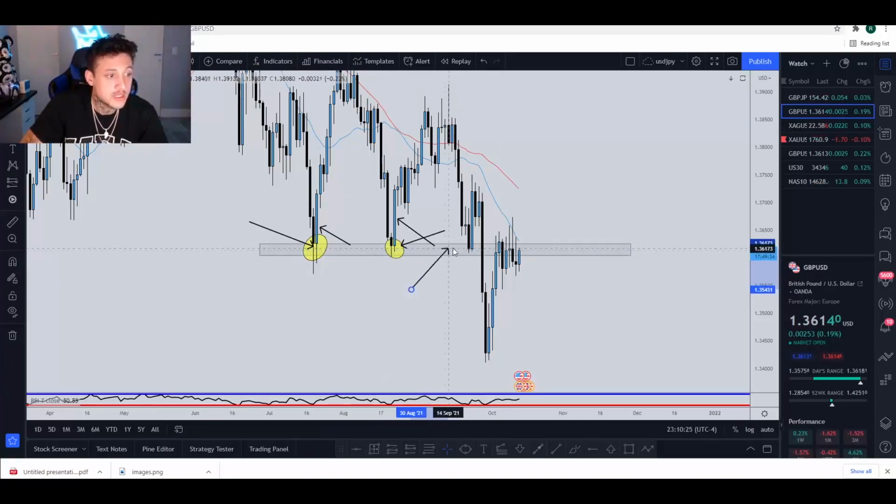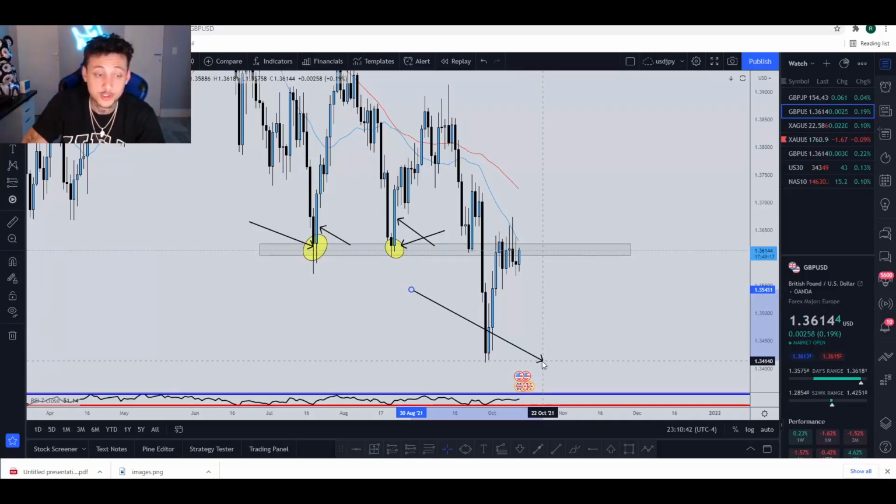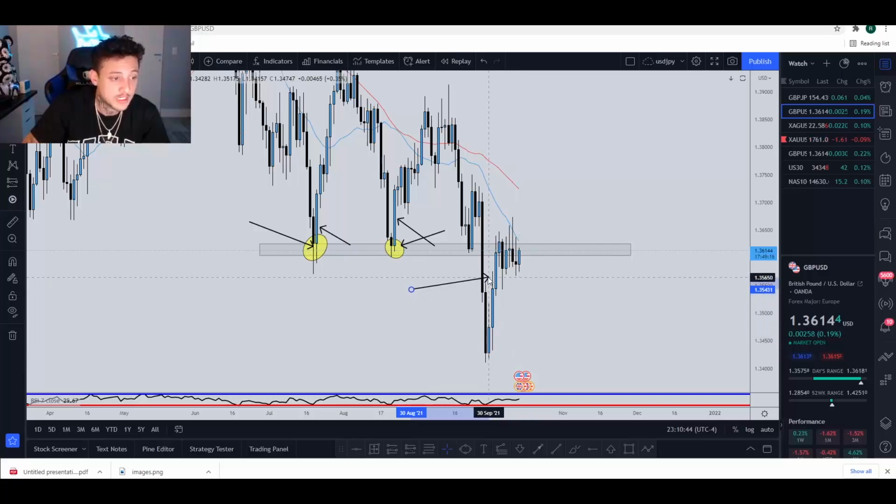Look how many times sellers fought to break through this level. When they finally broke through, what's the probability of sellers actually holding this level, and how much selling pressure is there going to be at this level to create another opportunity for us to actually look to hop in on a short position and see if price actually goes short?